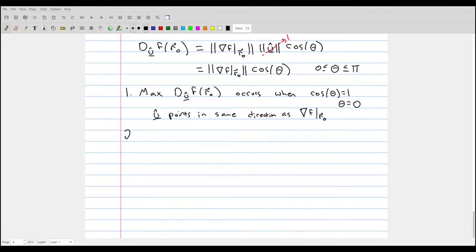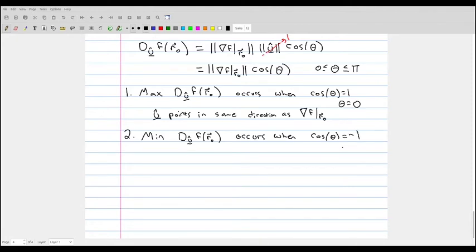The second thing we can show is that the minimum of this directional derivative occurs in some sense in the opposite scenario, when cosine of theta is equal to -1.